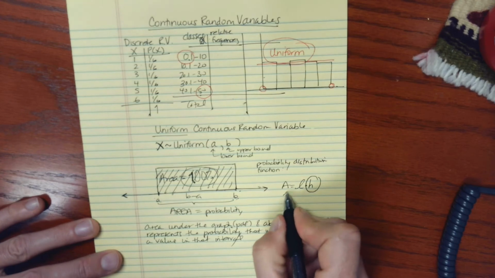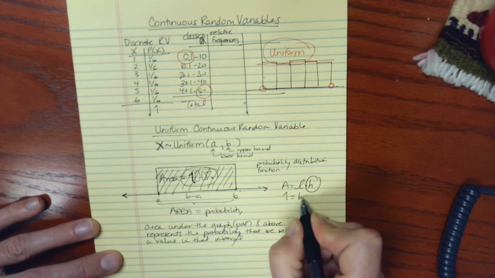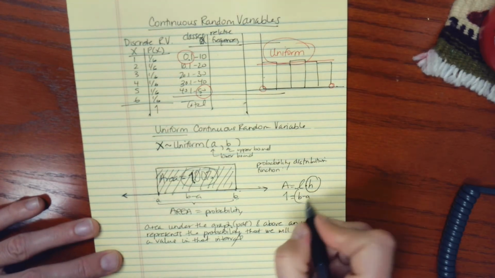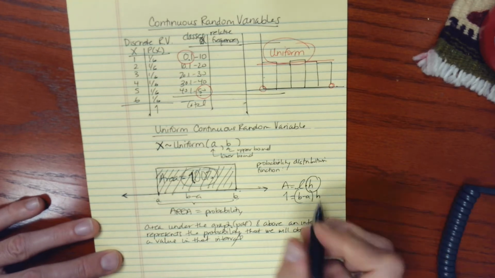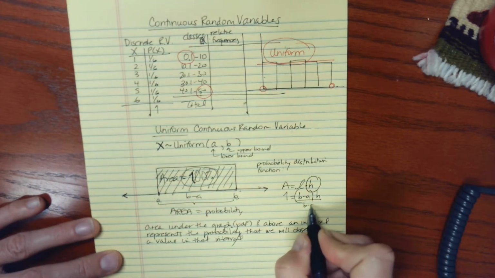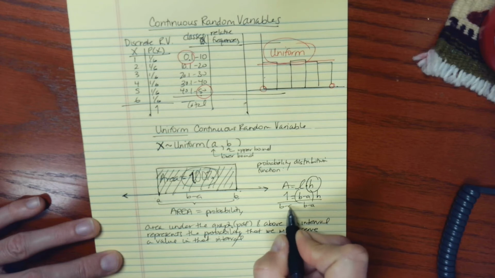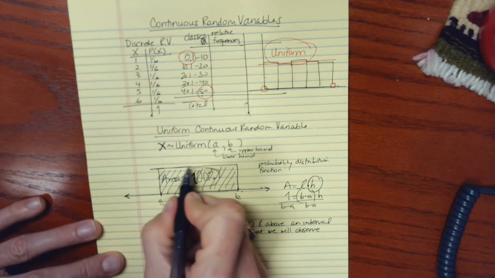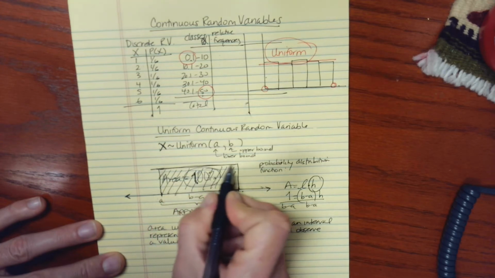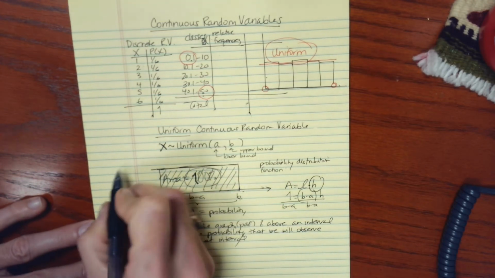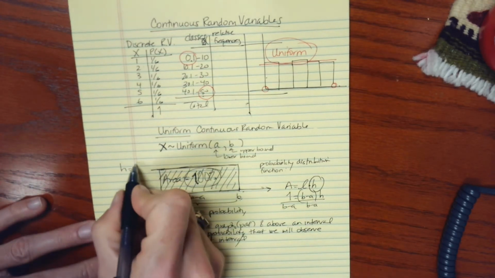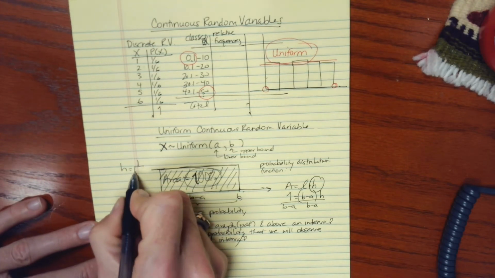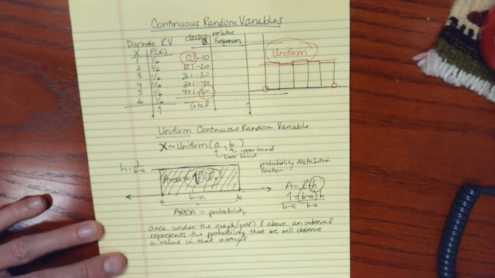I know that the area is 1 and that length is b minus a, so what would the height have to be? We can solve this by dividing both sides by b minus a. So the height of this curve, it's actually this horizontal line across, is 1 over b minus a.